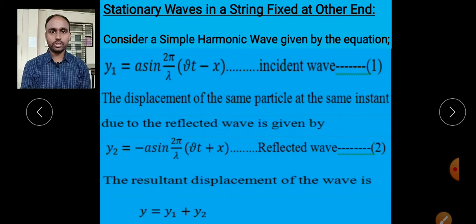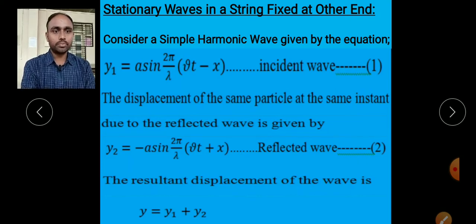The first wave moves to the positive x side, and we call it the incident wave. The particle displacement in it is y1 is equal to a sin 2 pi by lambda (Vt minus x), equation number 1.